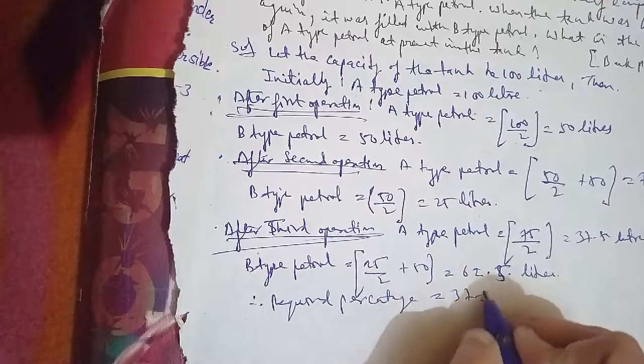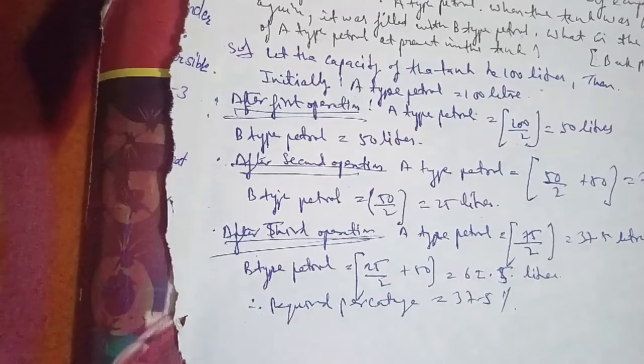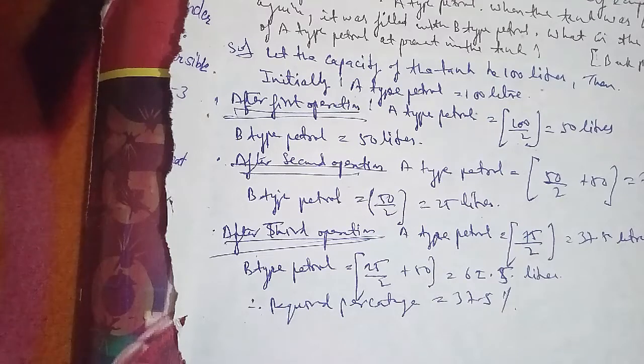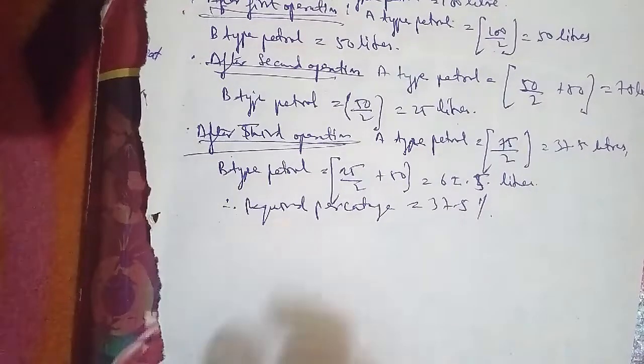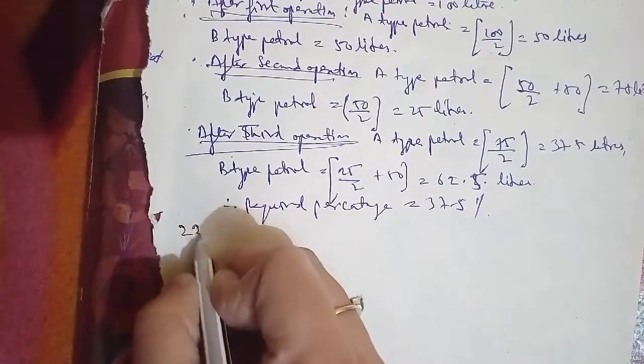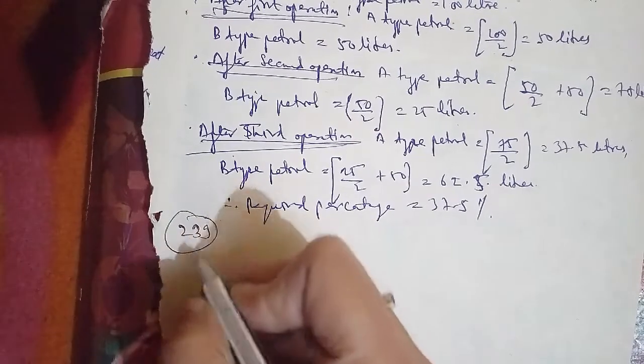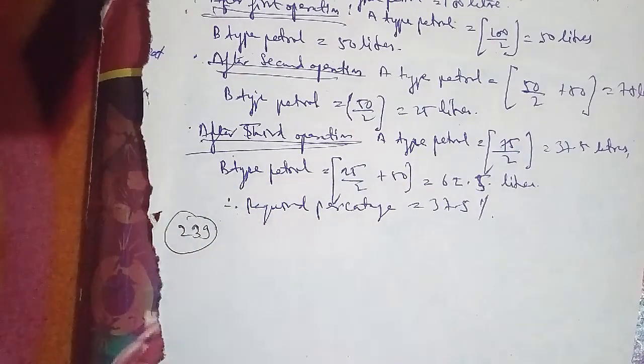So a bag contains 600 coins of 25 paise denomination and 1200 coins of 50 paise denomination.